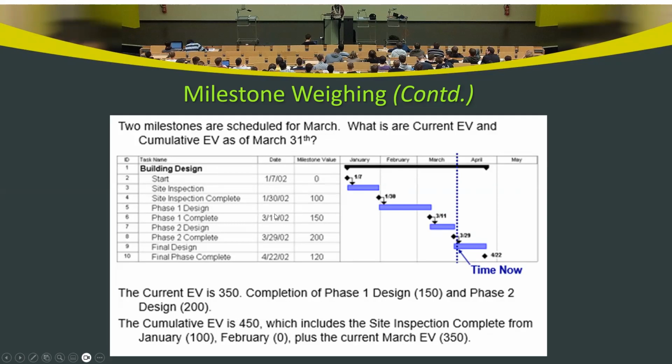In March, what happened? There are two milestones in March: phase 2 completion and phase 1 completion. So we have 200 plus 150 gives us 350. That's the current earned value for the month of March, right?